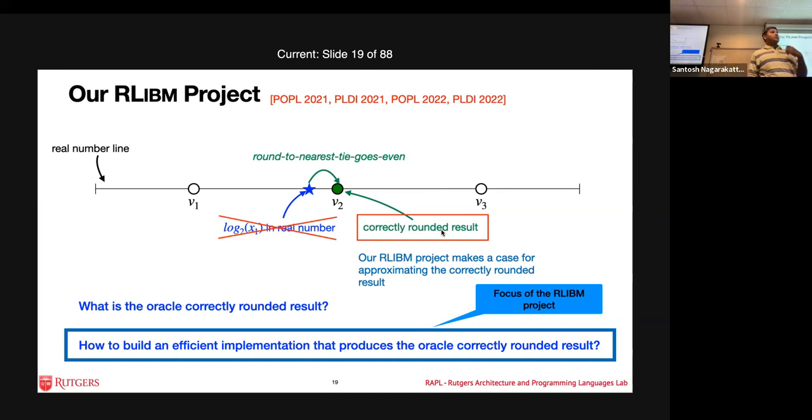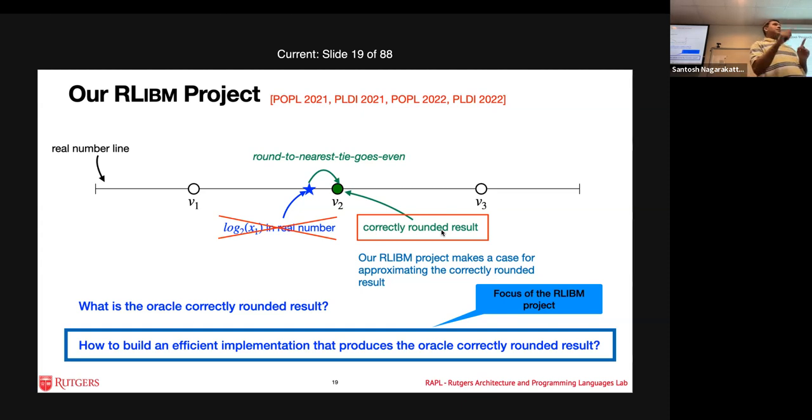So there is something known as Ziv's rounding test. So that's what people deploy. I skipped over a lot of details in the past work, right? When you're doing things on the fly, how do people actually generate results? So they hypothesize: let me do it with some 32 bits, the precision of 32 bits, and compute the result.